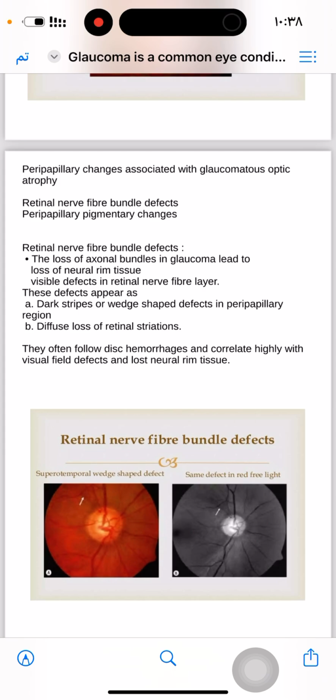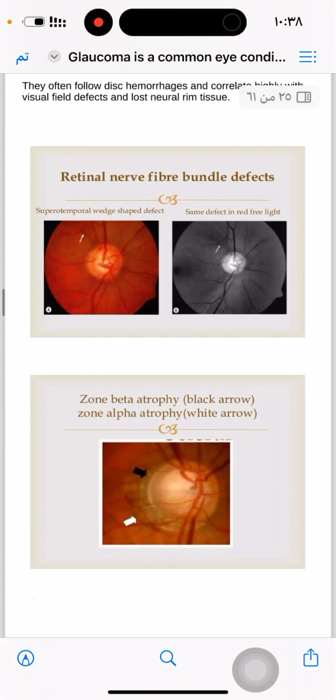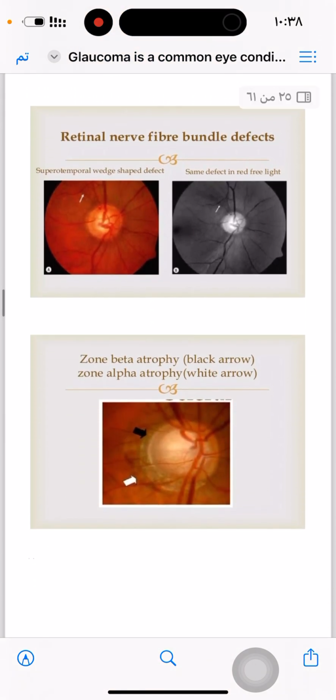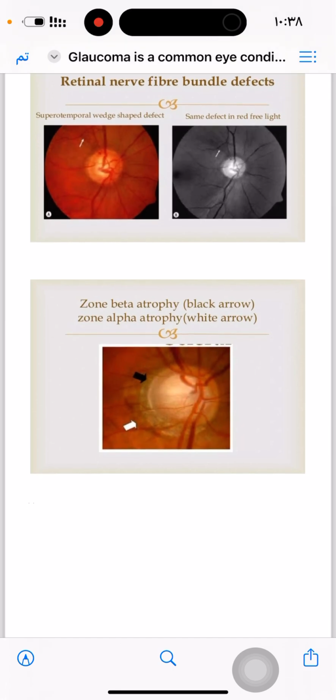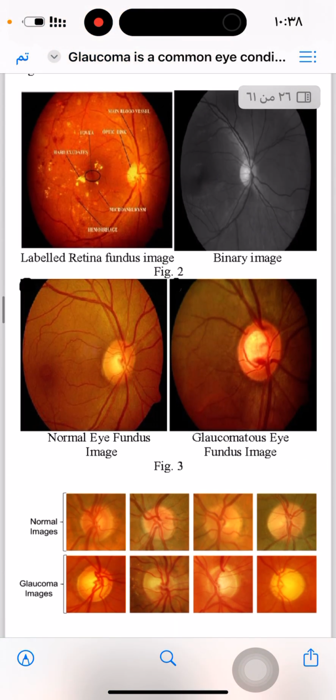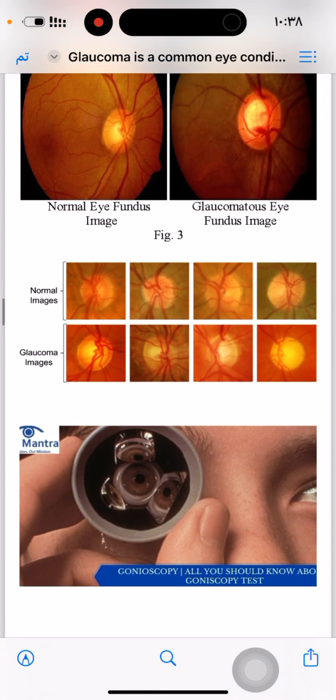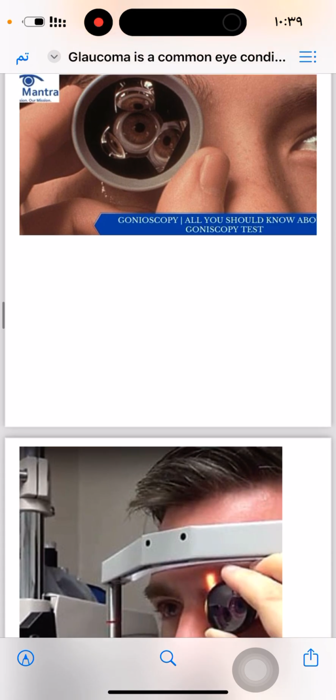These defects appear as wedge-shaped or diffuse loss of retinal striations, as you see here in these pictures. You see here in this picture, in the black arrow, zone beta atrophy, while in the white arrow we see zone alpha atrophy. With some abnormalities, you can download it from my Telegram channel.